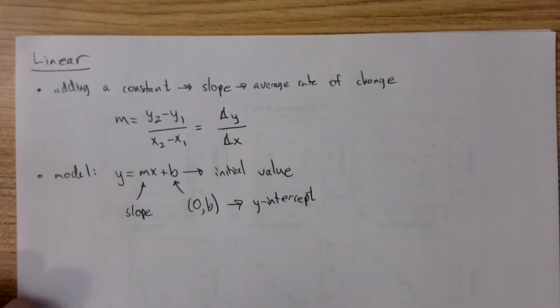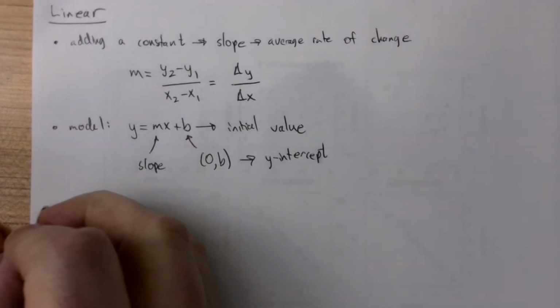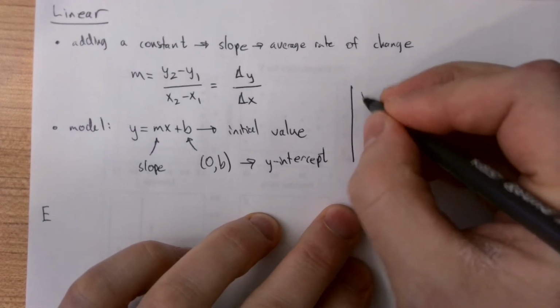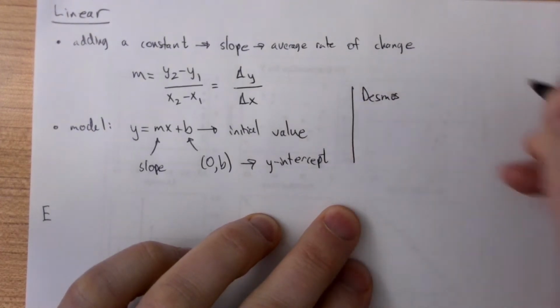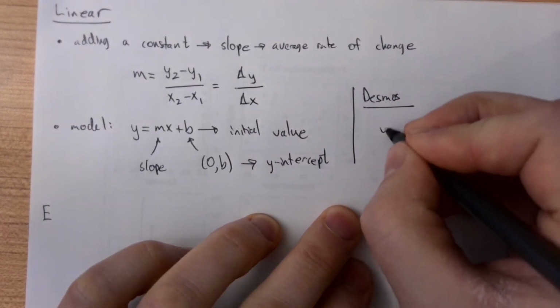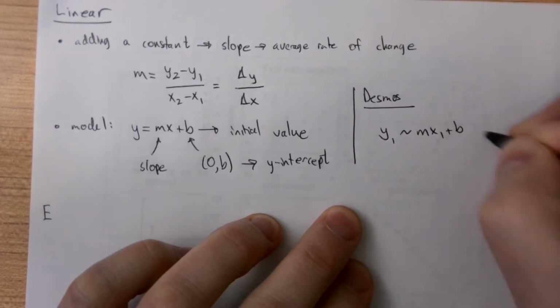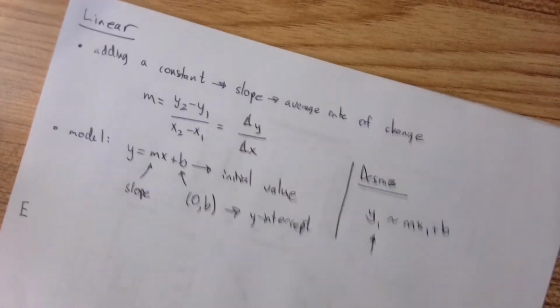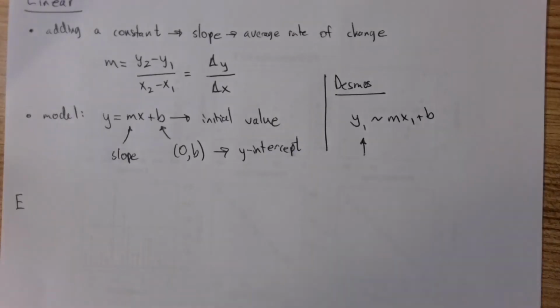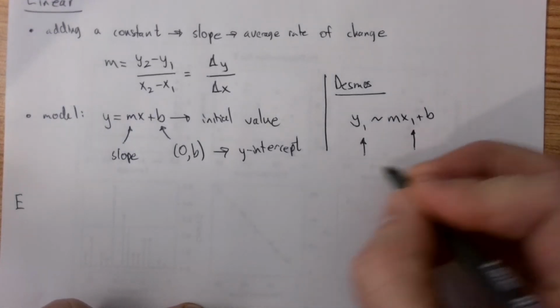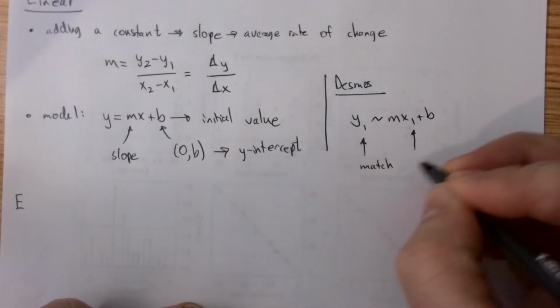So then exponential equations, let's add in here one more thing. In Desmos, if we are going to find a regression equation, we would do y1 tilde mx1 plus b, where these indices, this y1, x1, need to match the table.